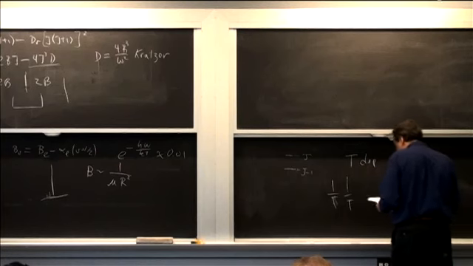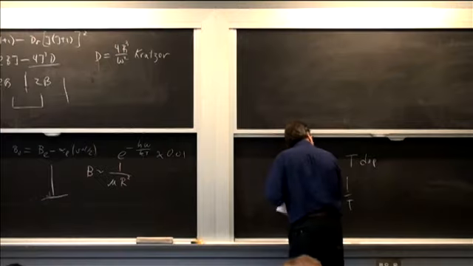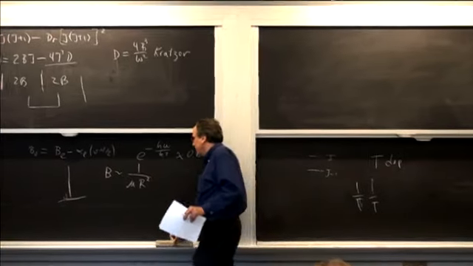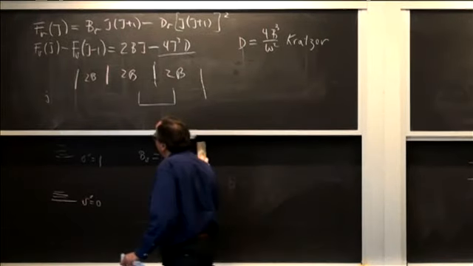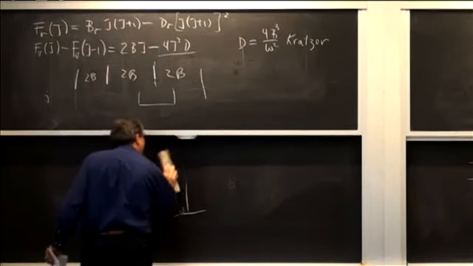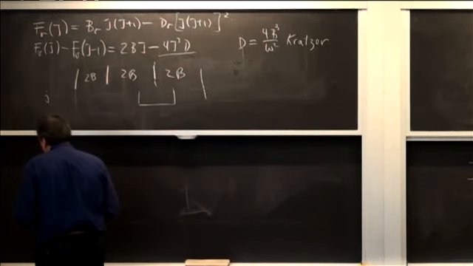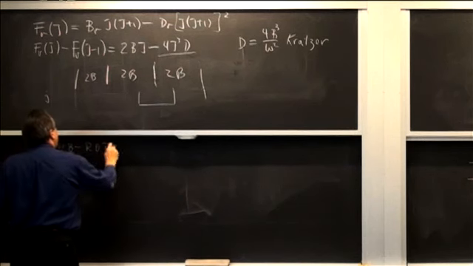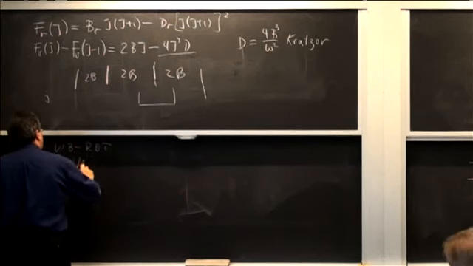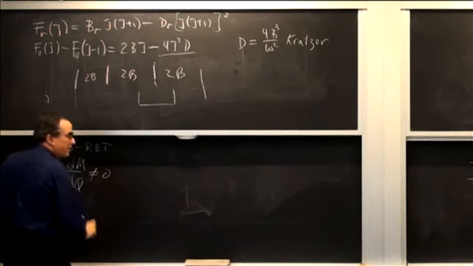Okay, so let's stop talking about microwave spectroscopy. I love microwave spectroscopy, and I don't really like vibration rotation spectroscopy, which is what we're going to talk about next. That depends on the dipole moment function being different from 0.